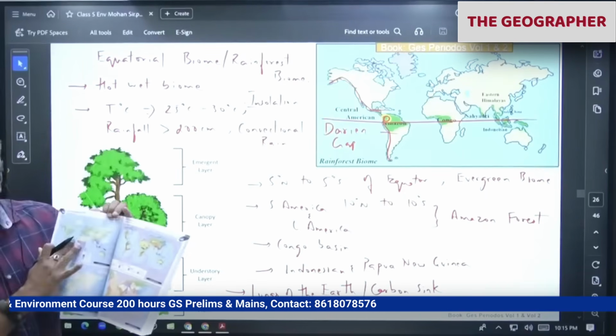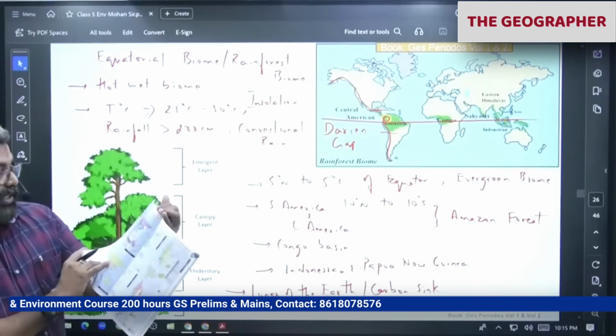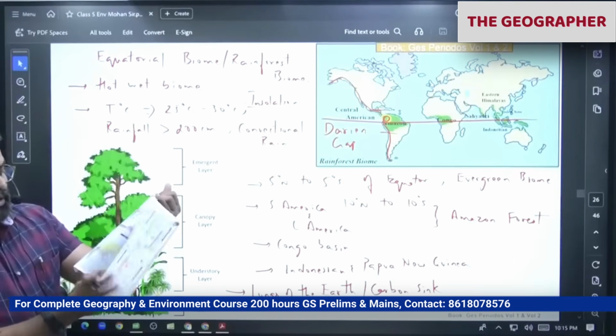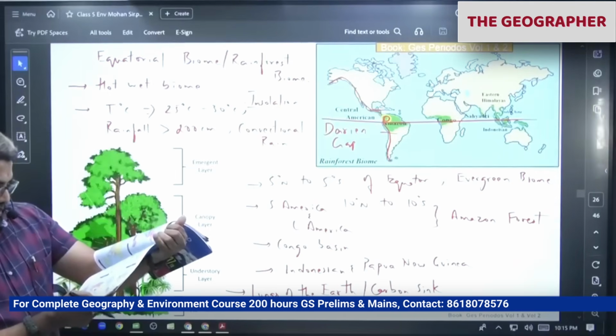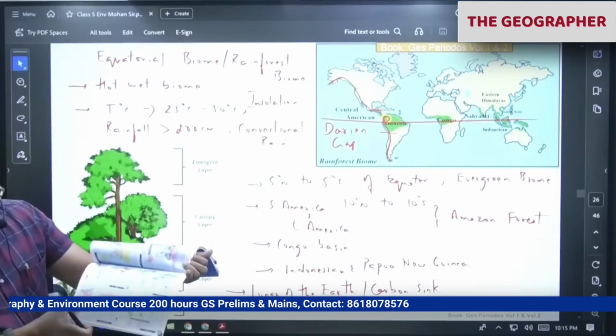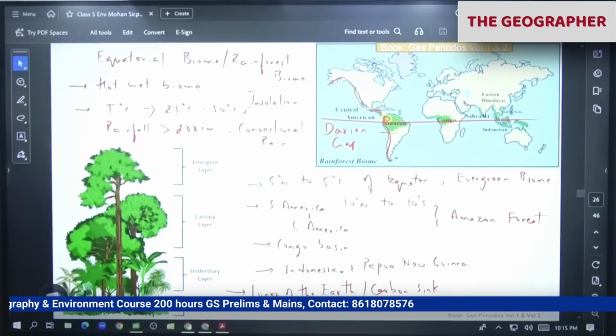See, the rainfall map you have to see. After that, vegetation here. Page number 113 here. Four maps you have to see back to back. The world map is easy. Then the climate map. Then the vegetation map.